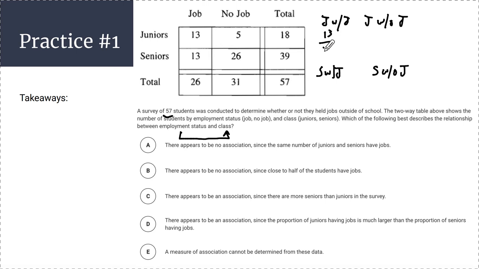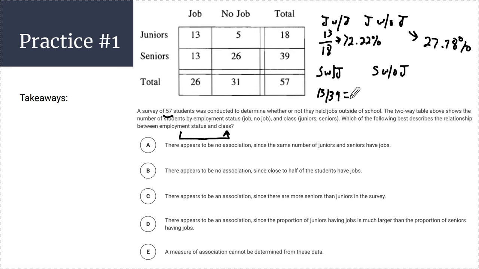So 13 out of 18, which is going to give me 0.7222, or 72.22%. For my juniors without jobs, that'll be 5 out of 18. This category over here is going to be 27.78%. My seniors with jobs, there's 13 out of 39.